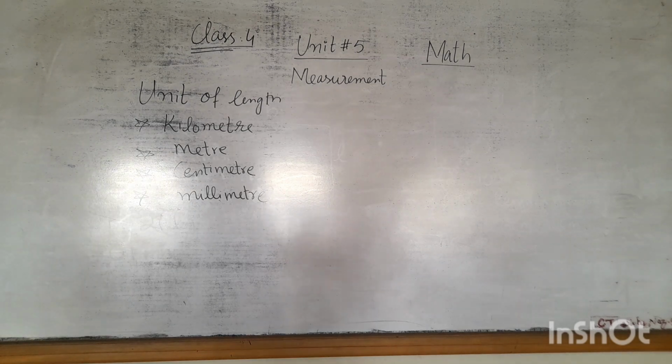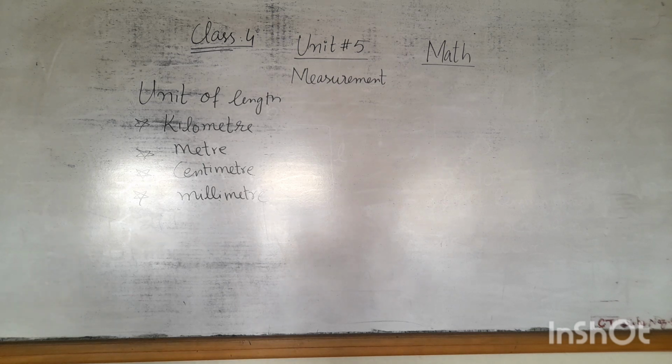Similarly, next we have meter. A dining table, length of a piece of cloth or a carpet will be measured in meters. Similarly centimeter is used to measure small things like a book. So now let's have a look at conversion of units of length. To convert larger units to smaller units, we always multiply the larger unit with the conversion factor.